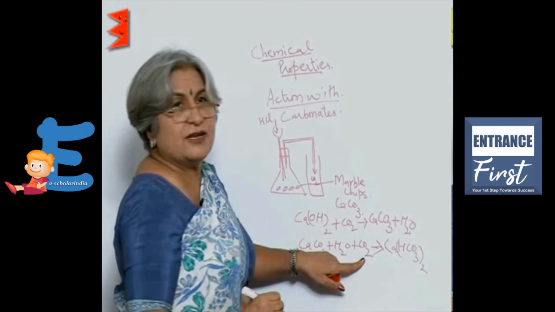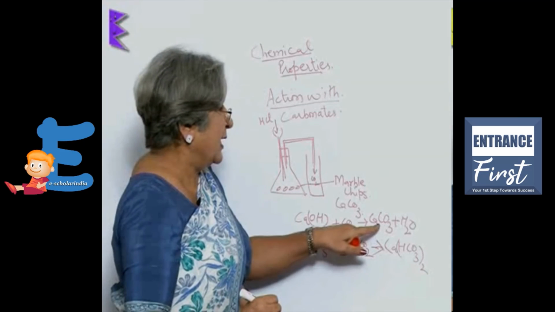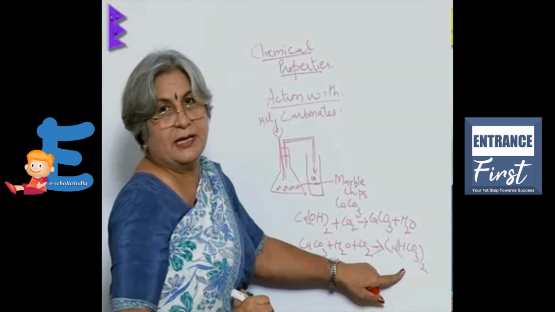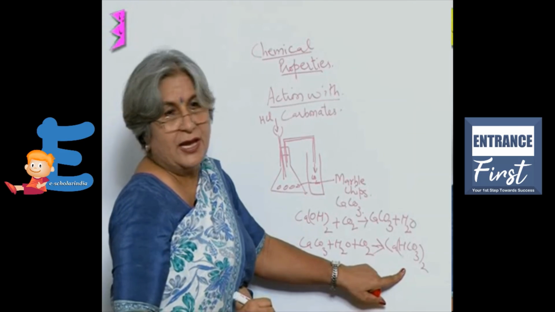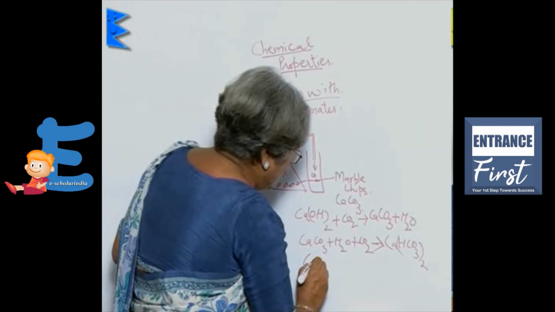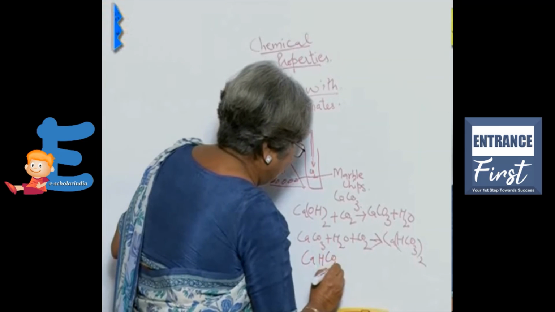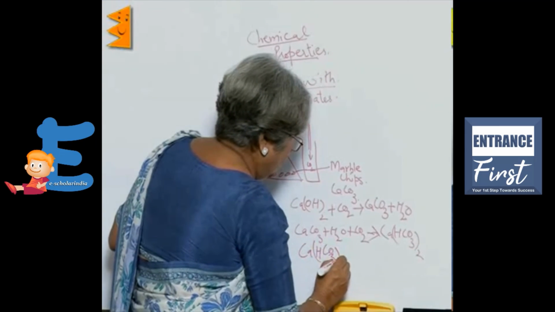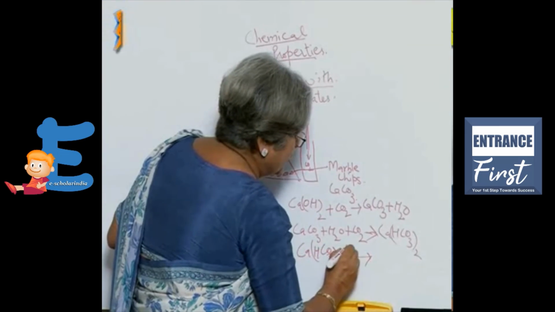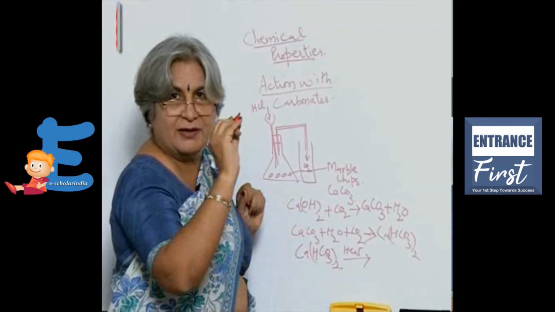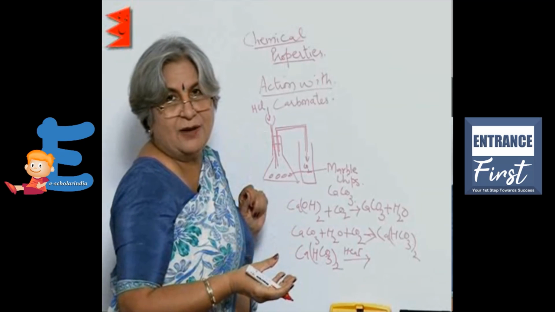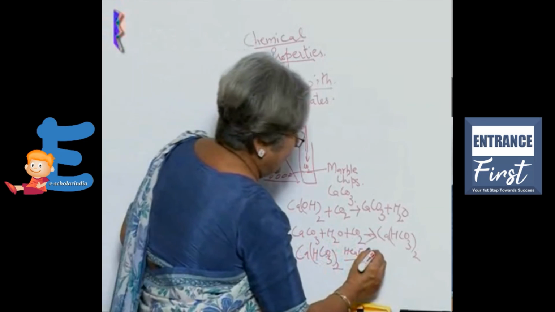So if excess carbon dioxide is passed through the calcium carbonate, it will again become a clear solution because calcium bicarbonate will be formed. And on heating calcium bicarbonate, again the solution will become milky. Why? Carbon dioxide will be released and calcium carbonate will be there again.